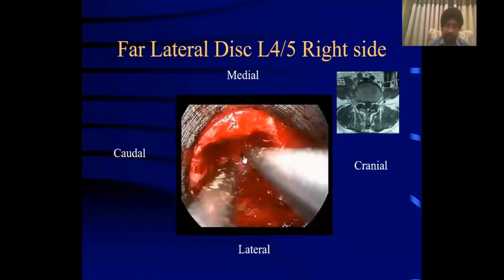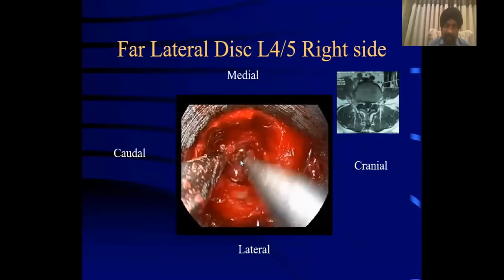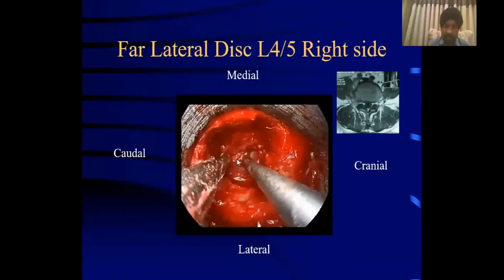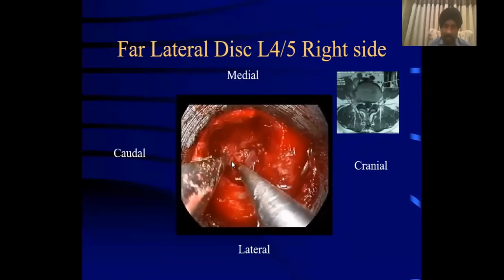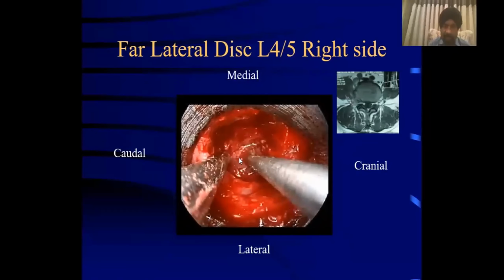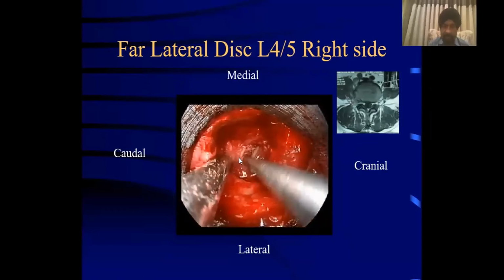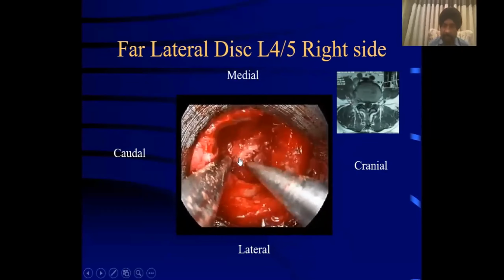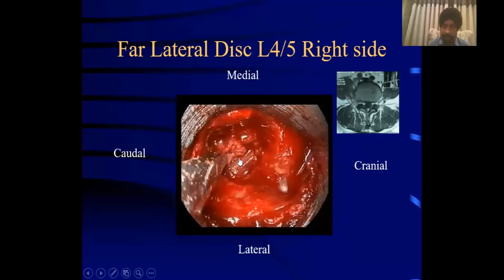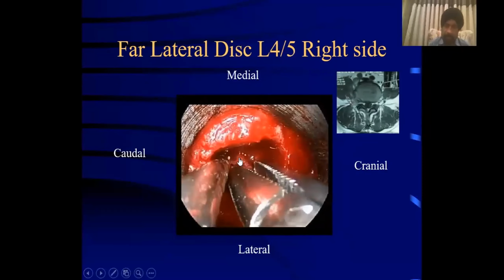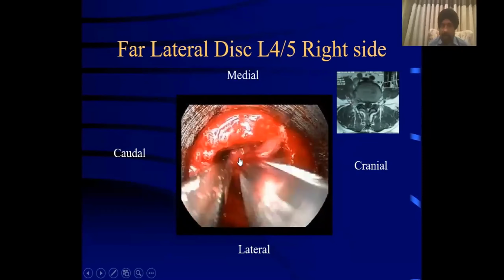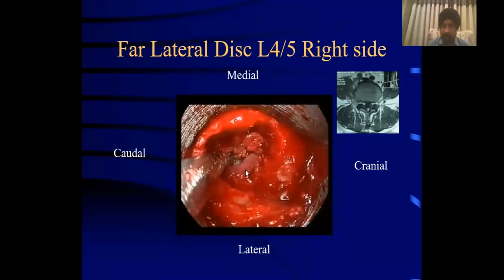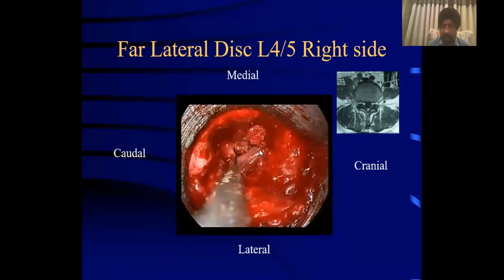And these sequestrated discs are generally lying in the axilla of the nerve root. These are generally free fragments, and they come out with manipulation. And now you can see the exiting nerve root is lying free.